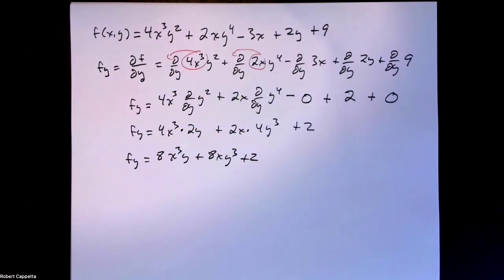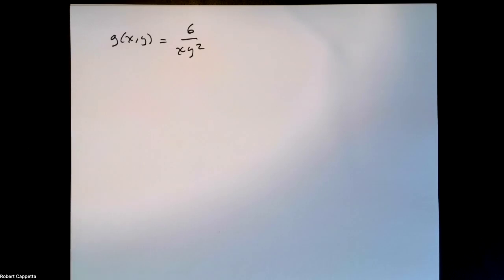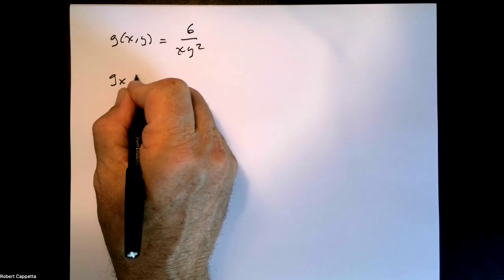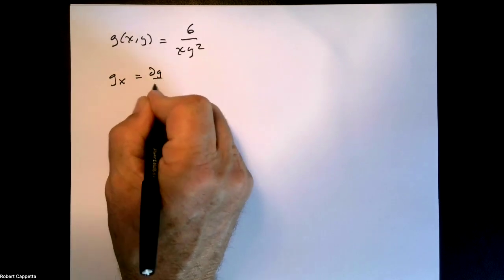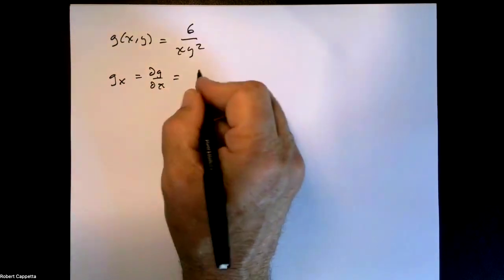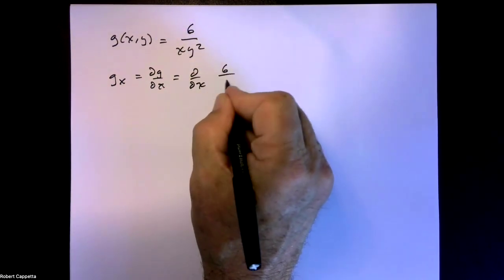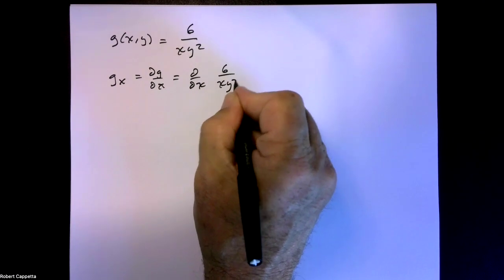plus 2. So next up, we've got g of x, y is 6 divided by xy squared. So I want to get g sub x, the partial derivative of g with respect to x. Also, the partial of g with respect to x, which is the partial with respect to x of 6 over xy squared.